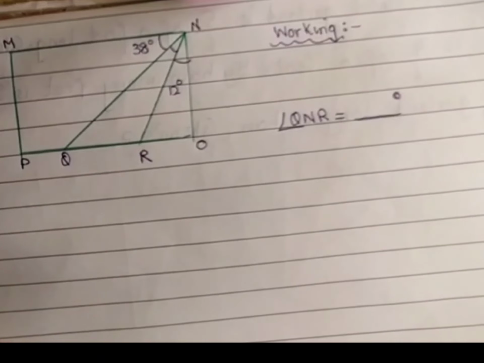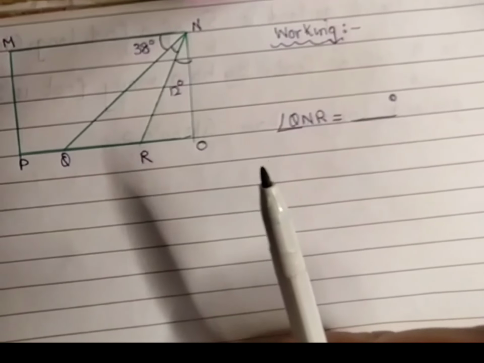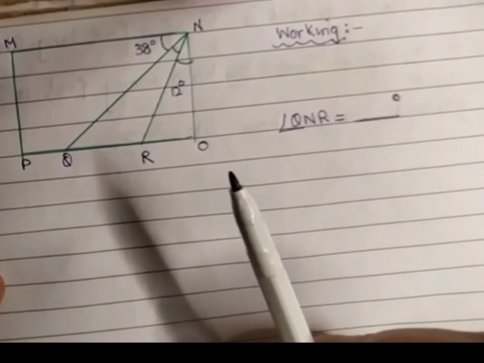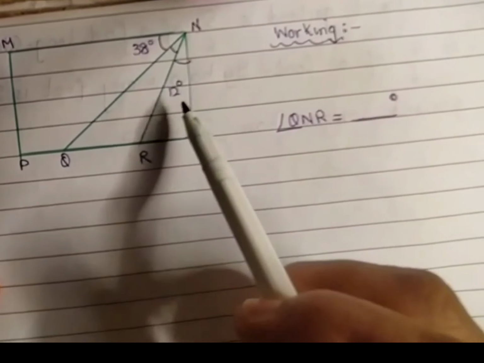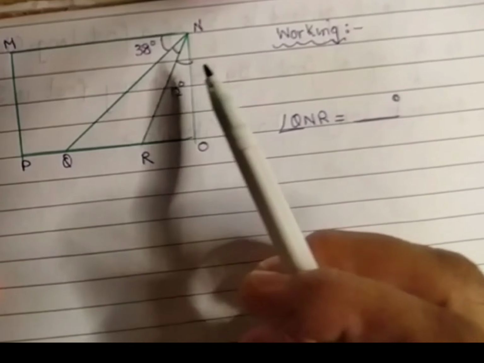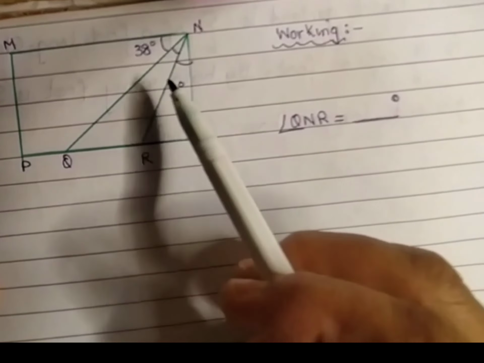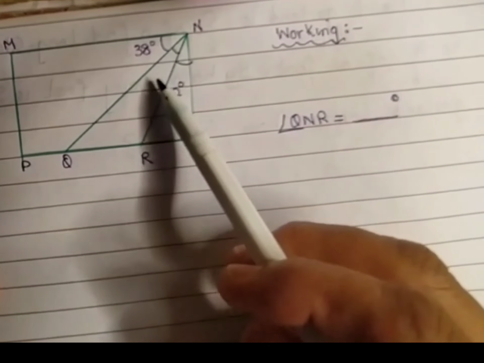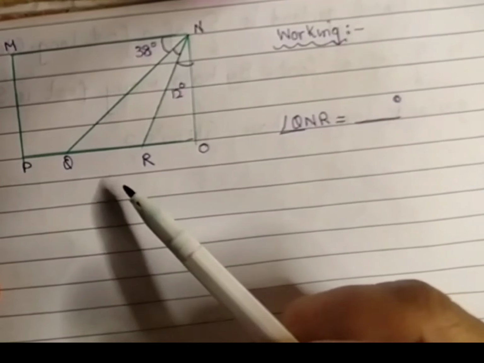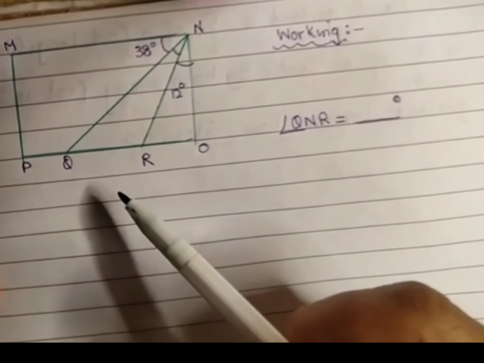Right, now we have another figure here. It's again a rectangle, and we all know that the corners are 90 degrees here. They have given us 12 degrees, 38 degrees, and this is an unknown angle. What is the unknown angle? Angle QNR.